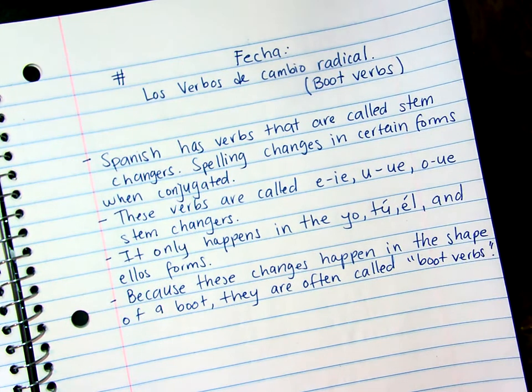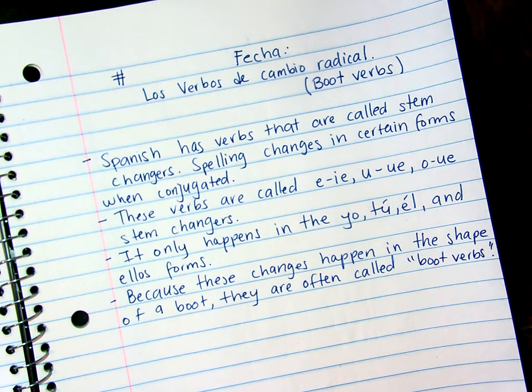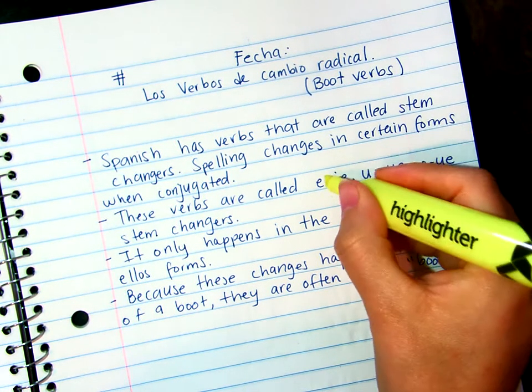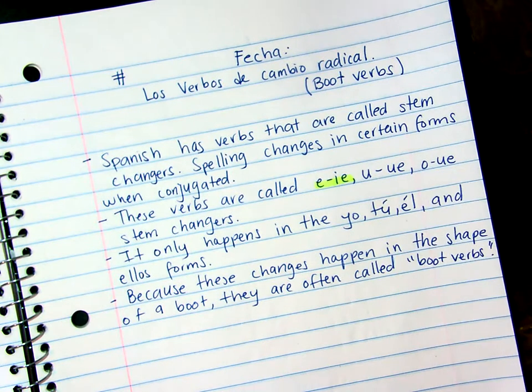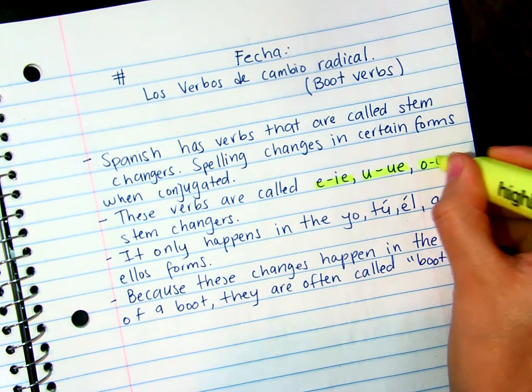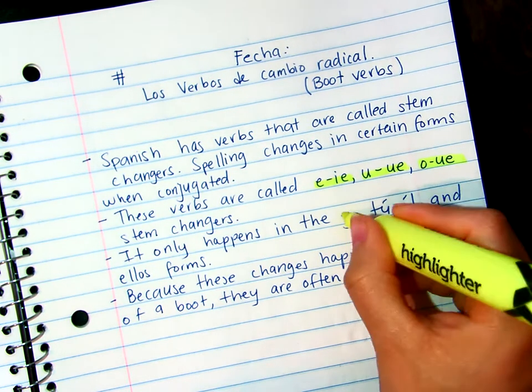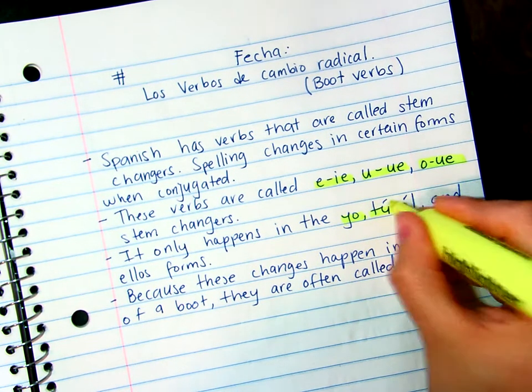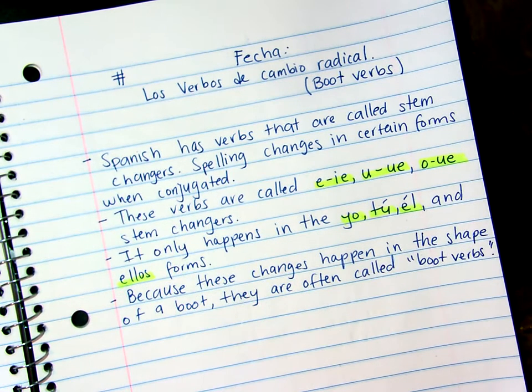You're gonna see why. So what is the most important thing here is that these verbs will change an E to an IE, a U to a UE, an O to a UE, and that the change only happens in the yo, tú, él, and ellos form.